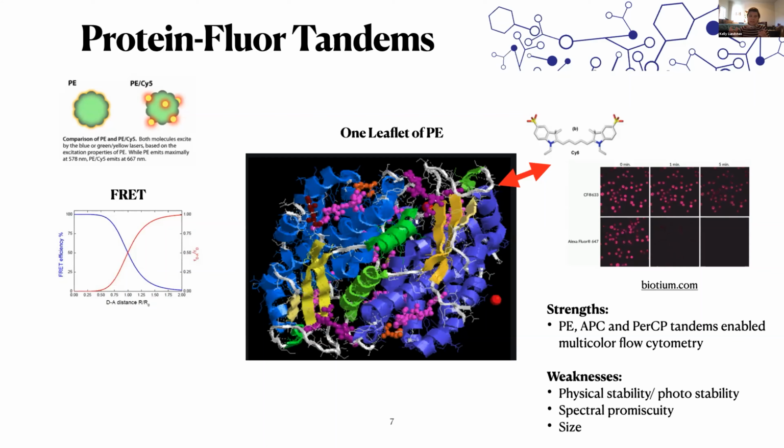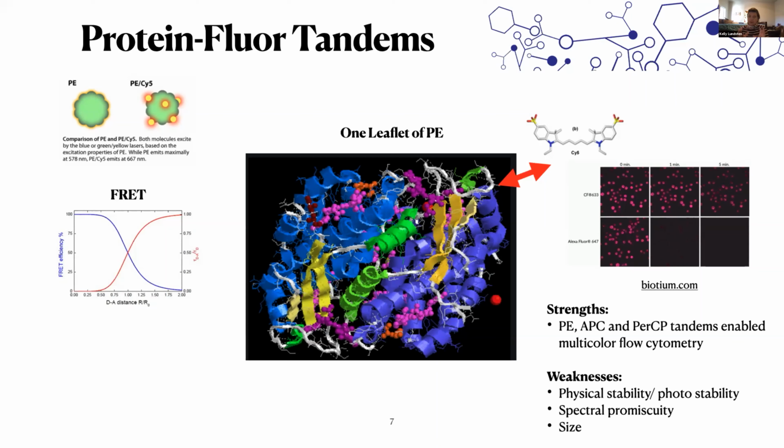That's what we're looking to get the Cy5 or the Alexa 647, or whatever the acceptor molecule of that tandem is, nestled in as close as possible to, 2 to 3 of these fluorophores within that structure.